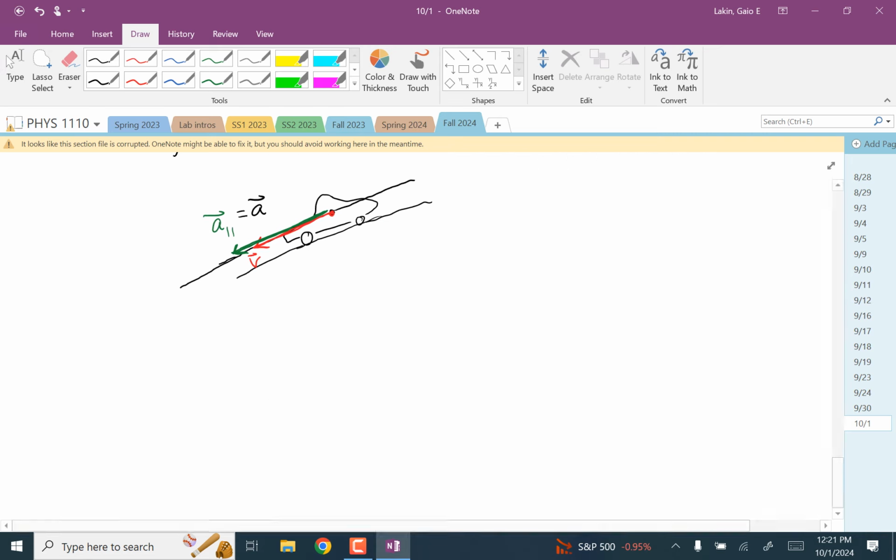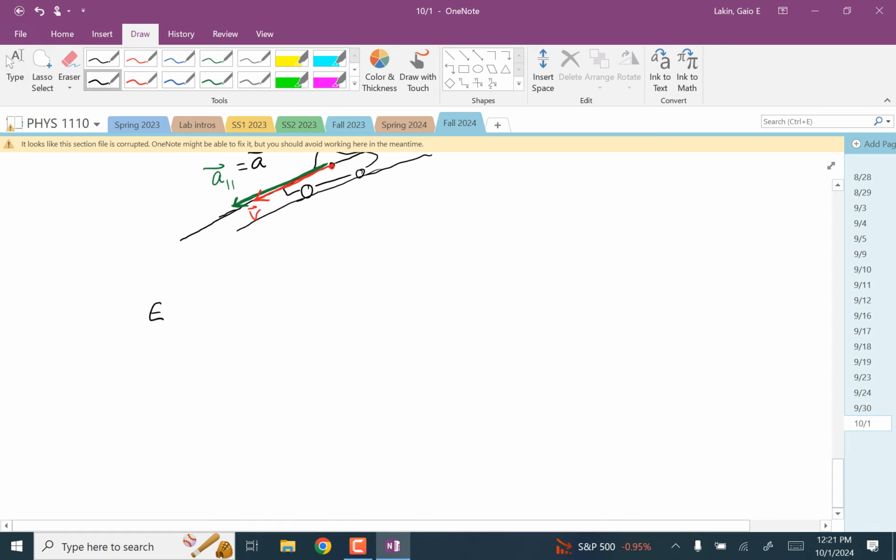And then the last example is like the deluxe model. So let's say we have an object in projectile motion traveling along a path like this.